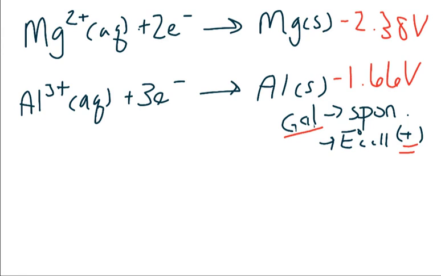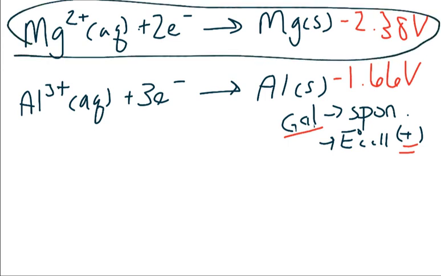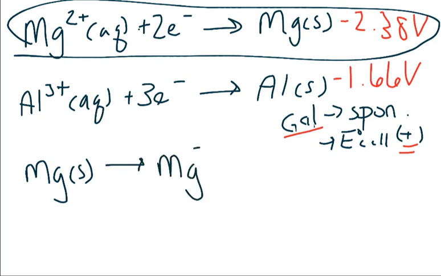So what we want to do is look at which one is more negative, and we're going to flip that reaction around so that in the end, our end result is something positive. So since magnesium is more negative, we're going to take this reaction, but we're going to write it in the opposite direction. So we're going to say the magnesium is oxidized while the aluminum is reduced.